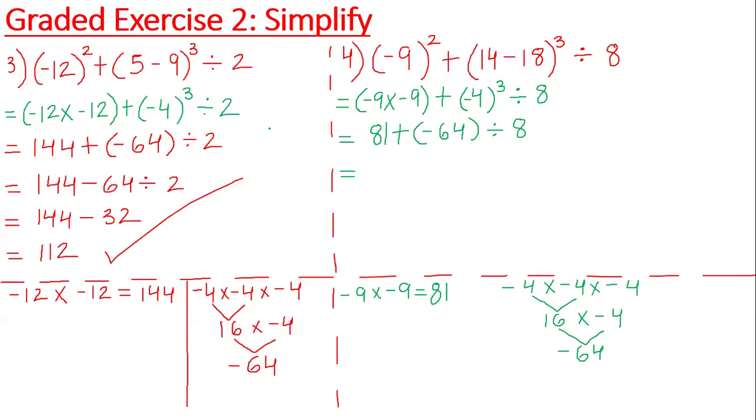Then we have to do what? We know a positive times a negative is a what? Negative. It's going to be -64. -64 divided by what? 8.